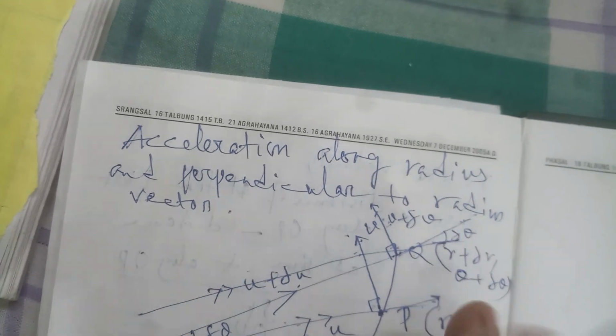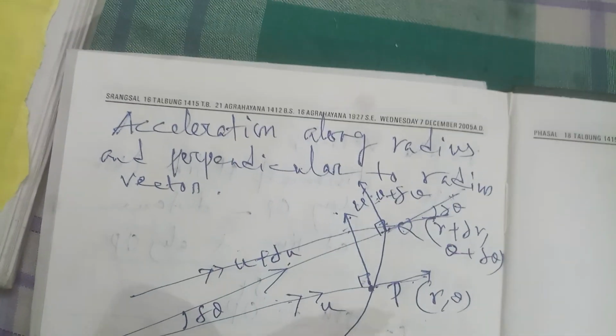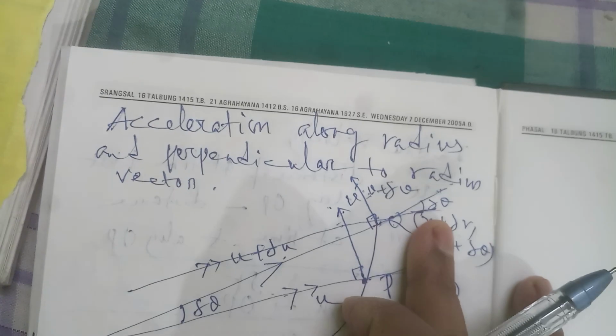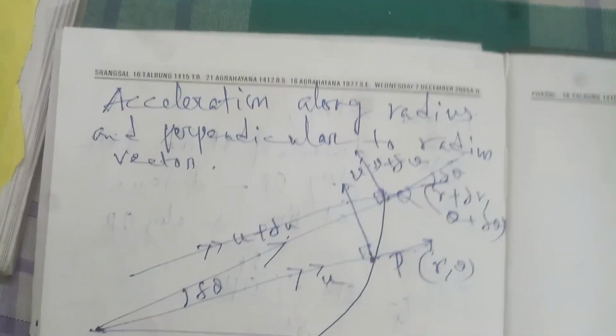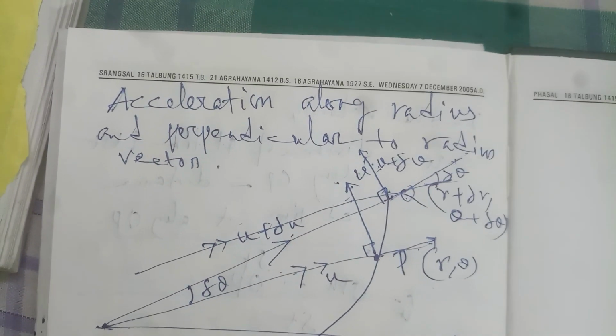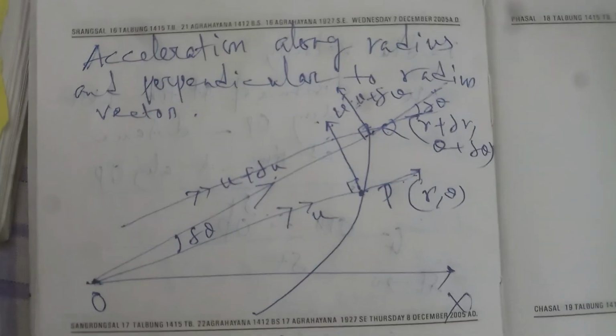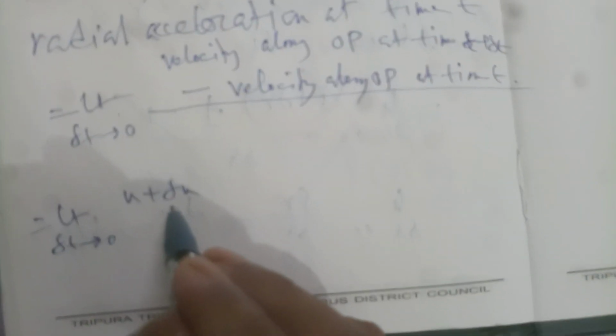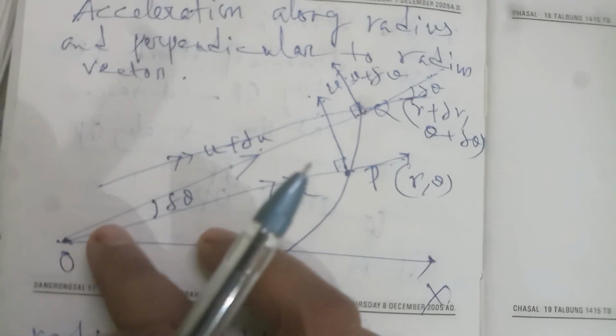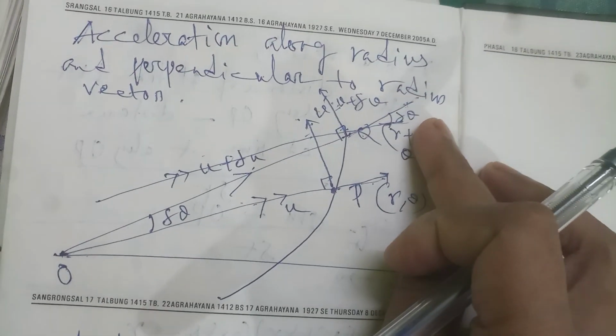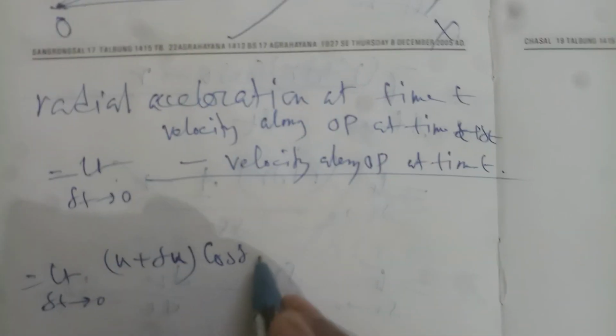So I have to project it along the direction parallel to OP. So you get, in the limit delta t tends to 0, u plus delta u into cos delta theta, since we are projecting the velocity along OQ parallel to OP.